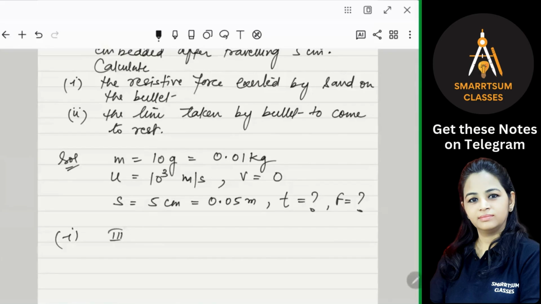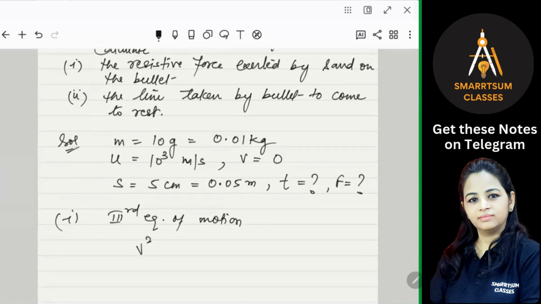Using the third equation of motion, we can find the acceleration. What is that? v square is equal to u square plus 2as. So just write down each and everything. So v is 0, final velocity. Initial velocity is 10 to the power 3 square. Getting it?